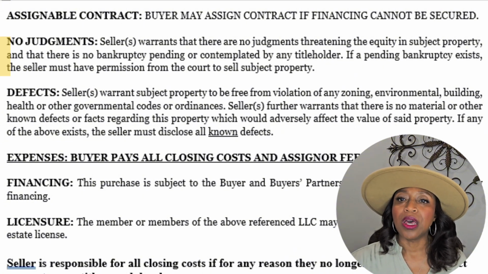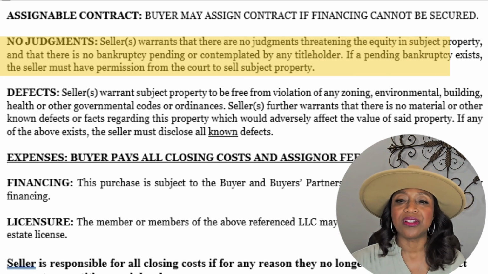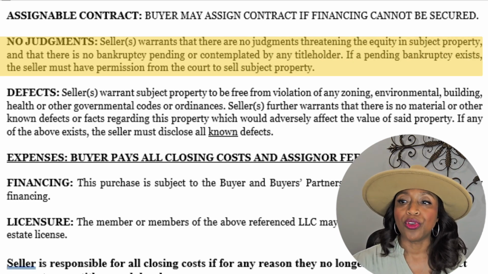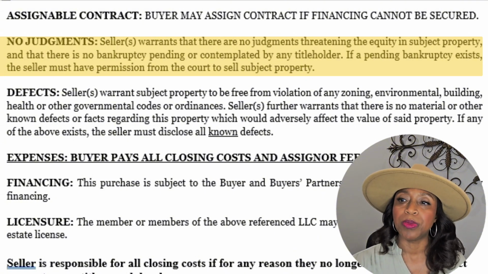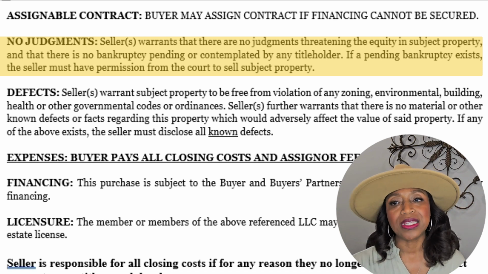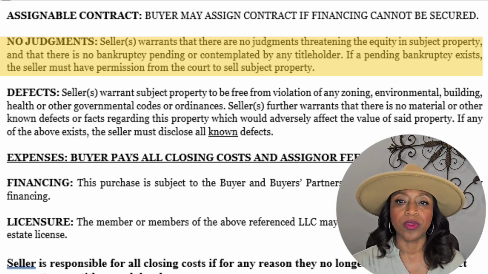There is a stipulation here that says there are no judgments on the seller's behalf. Seller warrants that there are no judgments threatening the equity in the subject property and that there is no bankruptcy pending or contemplated by any title holder. If a pending bankruptcy exists, the seller must have permission from the court to sell the subject property.